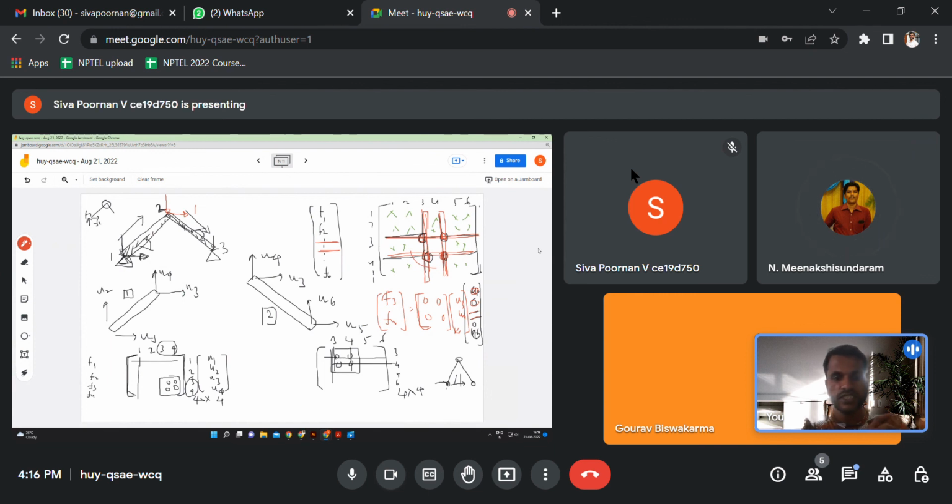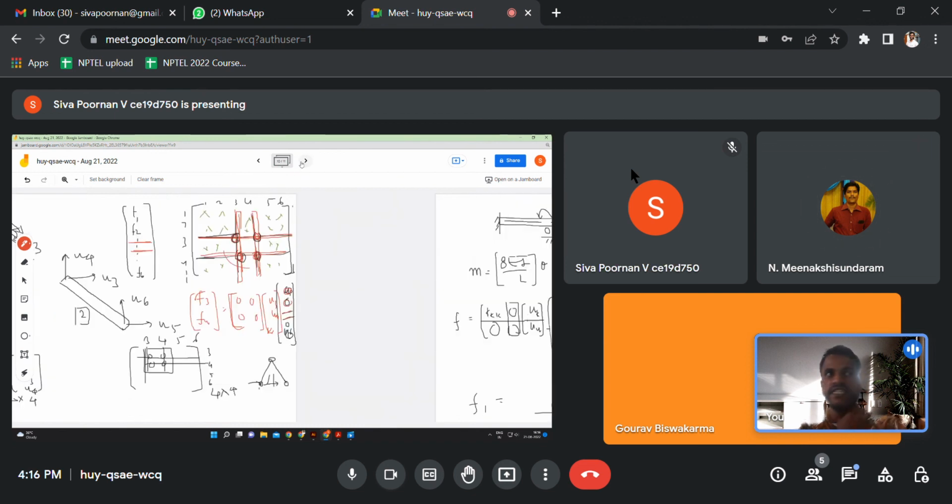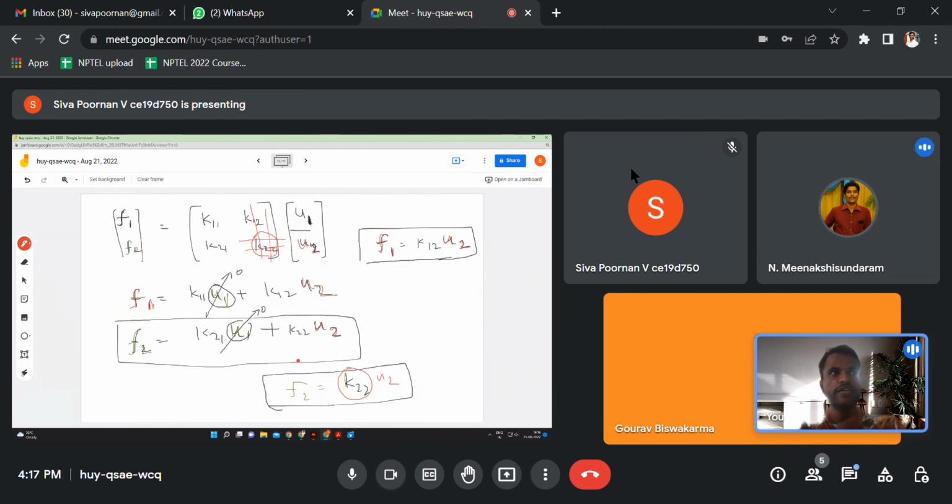That was the original question, right? So now we are able to show it mathematically that that is true, that we can use only k22. It doesn't depend on k11, k12 and k21. Those values do not affect what u2 is going to be, right? Then why are they important?